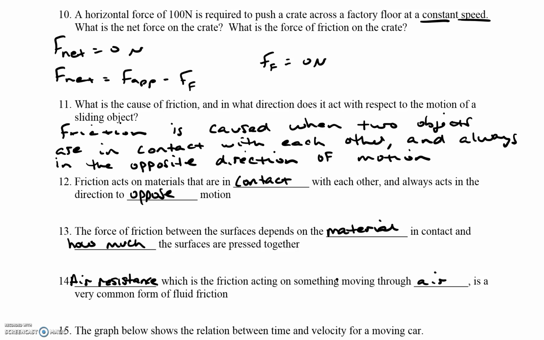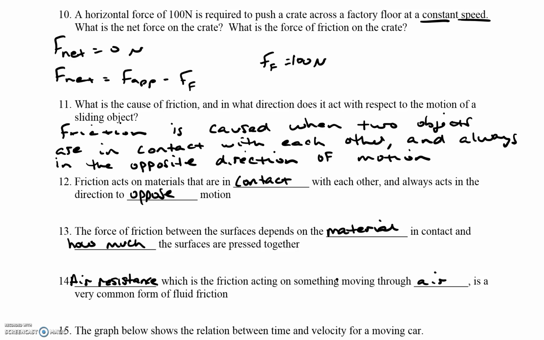Then to calculate the force of friction, we know that the applied force minus the friction force equals our net force. So we would take 100 minus the friction force equals 0, so our friction force is 100 newtons.